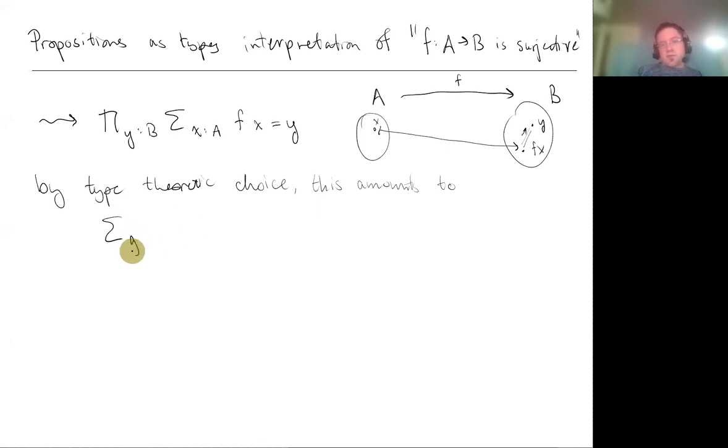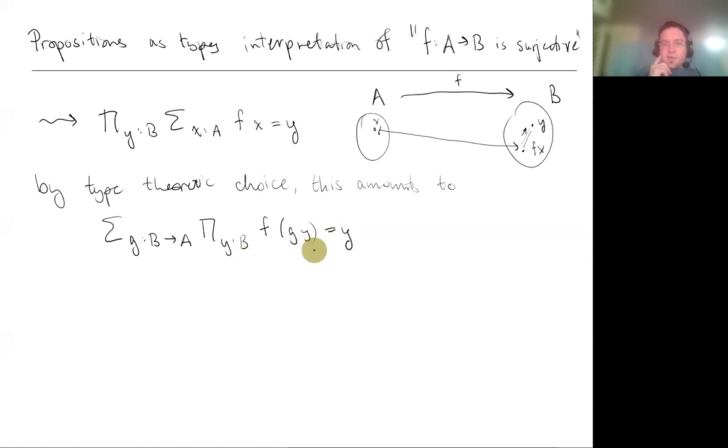a sigma of a function g from B to A, and then for every y in B, we have f of, so the x is now g of y, so f of g of y is equal to y.